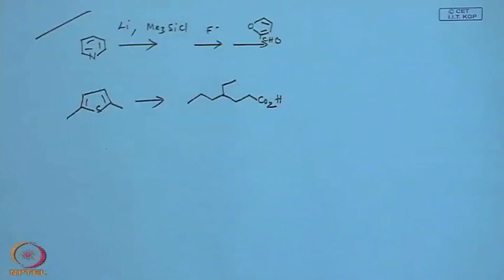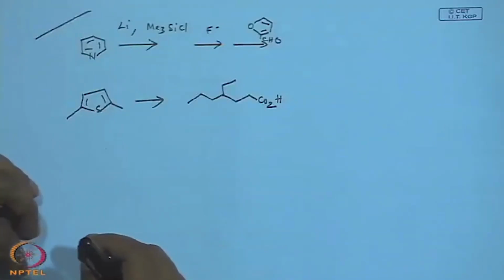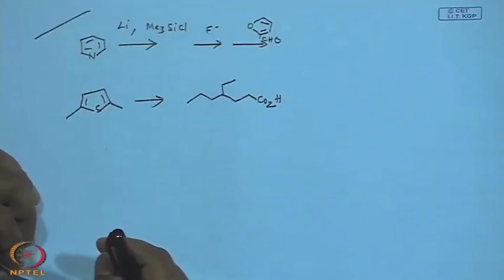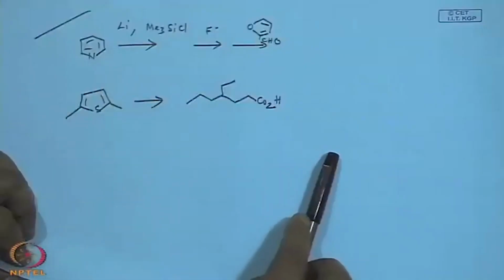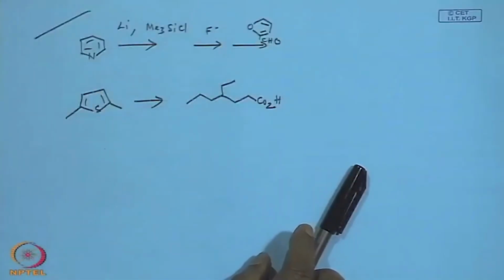Okay. So, this is a case of, when I say lithium and TMS chloride, what is the case? This lithium and trimethyl silyl chloride. What is the reaction? Okay, it is again a Birch reaction case, but okay, I will give you the hint.